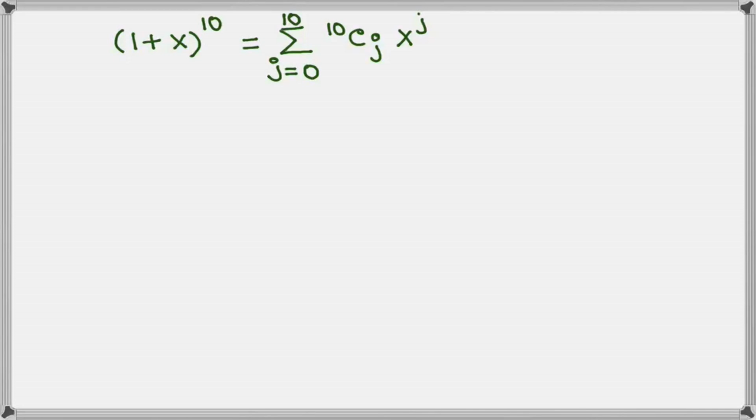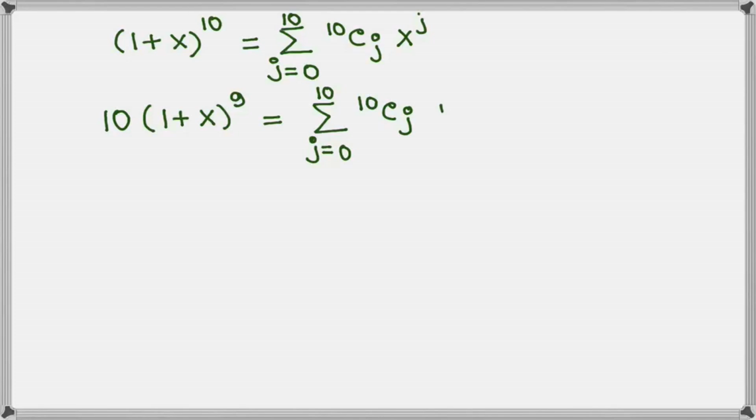We get 10 (1 + x)^9 is equal to the sum from j = 0 up to 10 of Cj j x^(j-1).